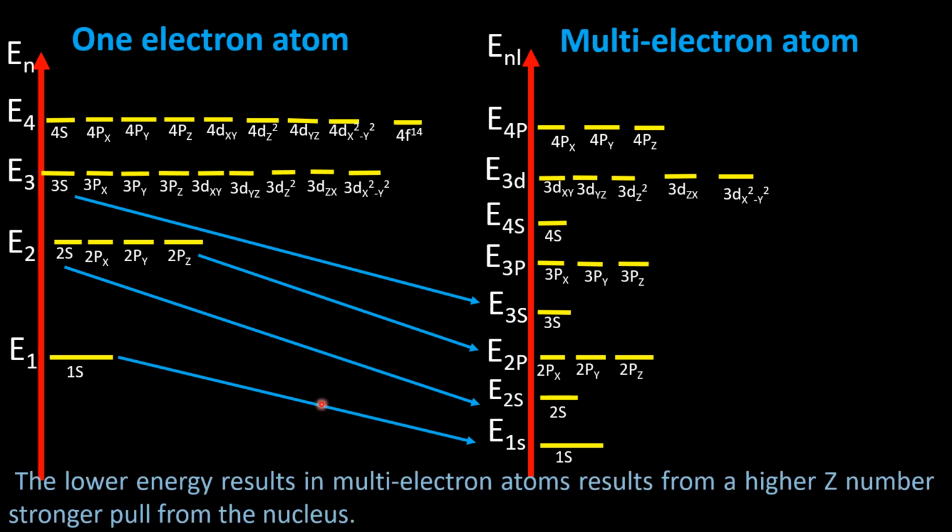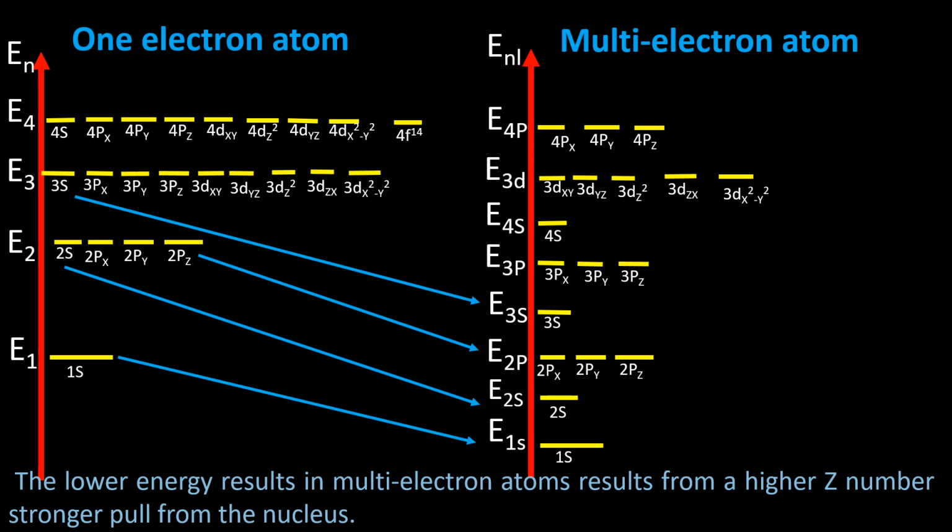So we can summarize: the lower energy in the multi-electron atom results from the higher Z number. A higher Z means a stronger pull from the nucleus. The nucleus strongly attracts all these orbitals toward itself, so they come close to the nucleus. As a result, they become lower in energy. This is the way in which binding energy plays a role in the orbital energies.